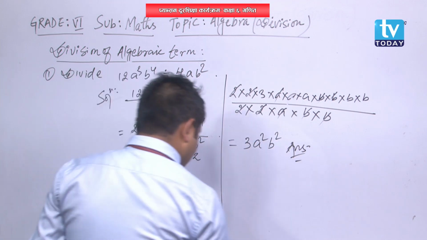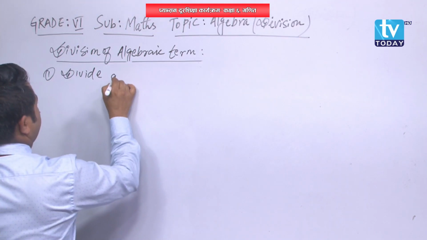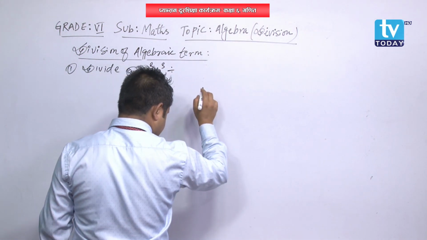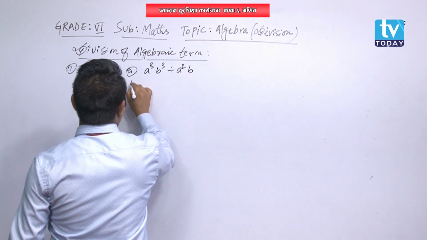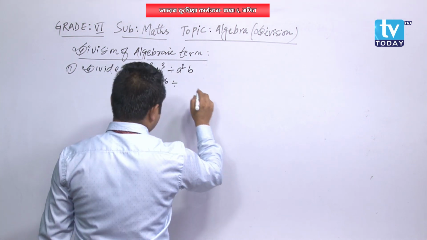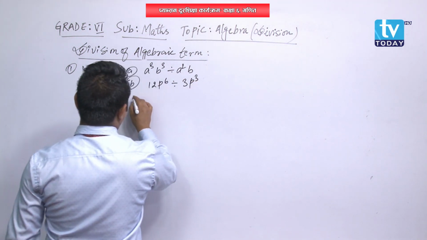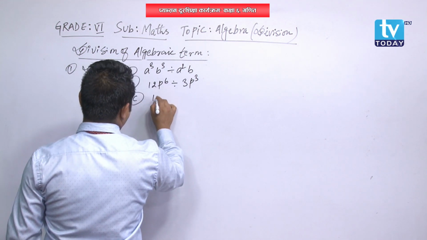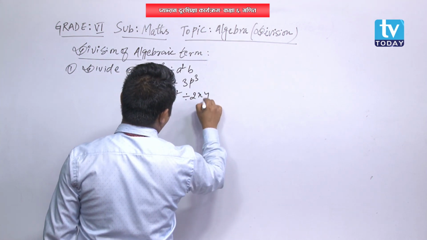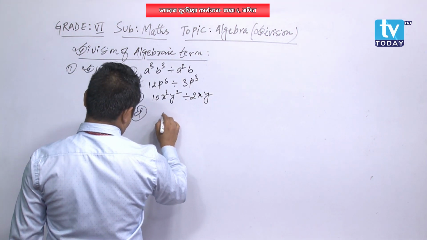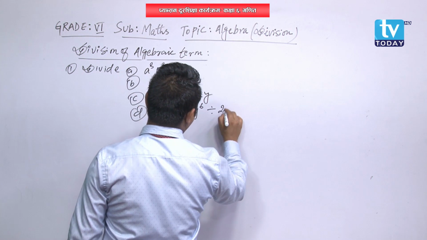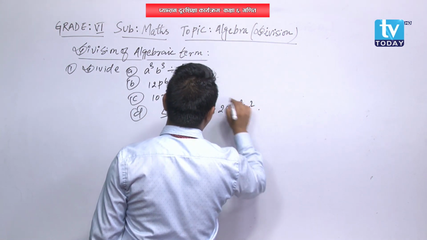Now let me write another example of the same type. Number a: a cube b cube divided by a square b. Number b: 12 p to the power 6 divided by 3 p cube. Number c: 10 x square y square divided by 2xy. Number d: 50 x to the power 6 y to the power 6 divided by 25 x square y square.